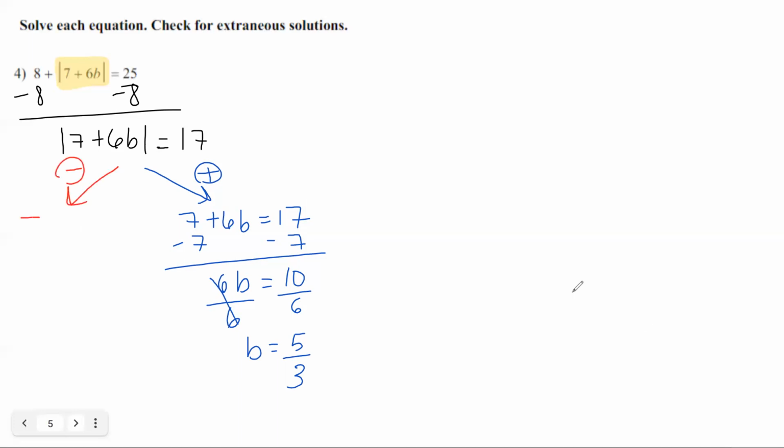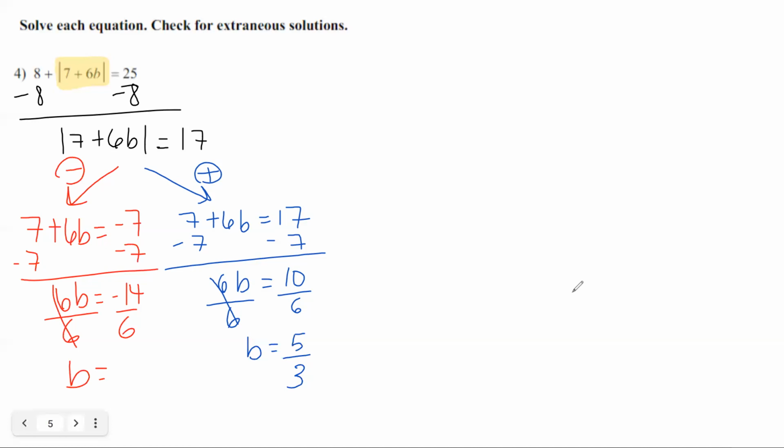Our negative case is going to be 7 plus 6b is equal to negative 7. We're going to subtract 7 from both sides. If 6b equals negative 14, we end up with b is equal to negative 14 divided by 6, can be... oh, I made a mistake.